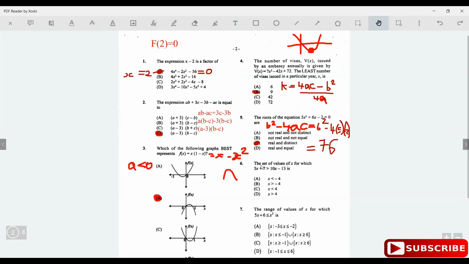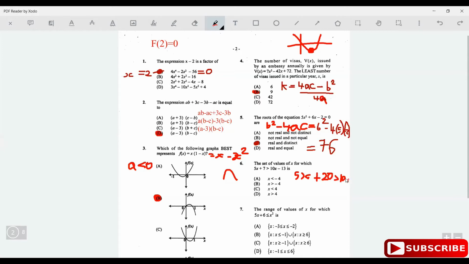Now, this question says, find the set of values of x for which 5x plus 7 is greater than 10x minus 13. All we have to do now is group the x on one side. So we're going to bring the 13 over here. We add 13 to both sides first, and you get 5x plus 20 is now greater than 10x.